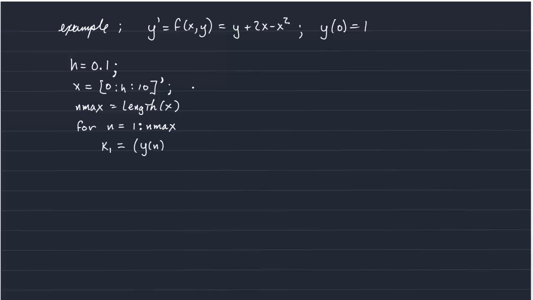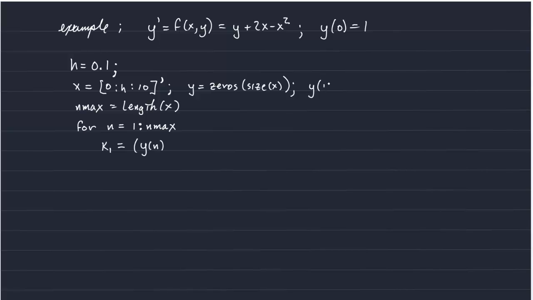So let's say that y is equal to zeros size x. This makes a vector with all zeros having the same size as x. And then we also have to initialize the first point.